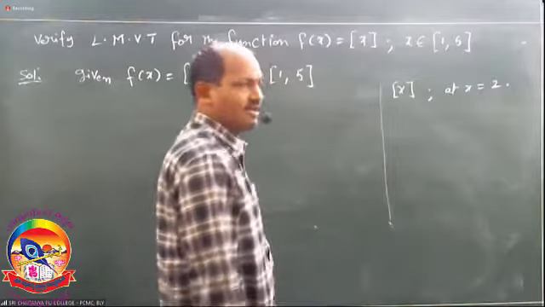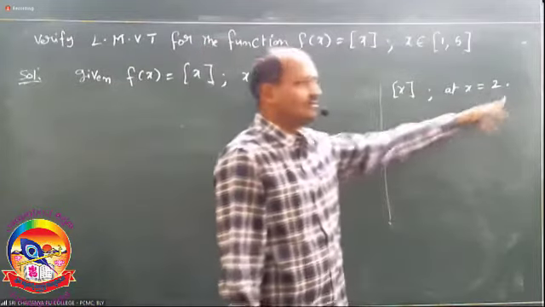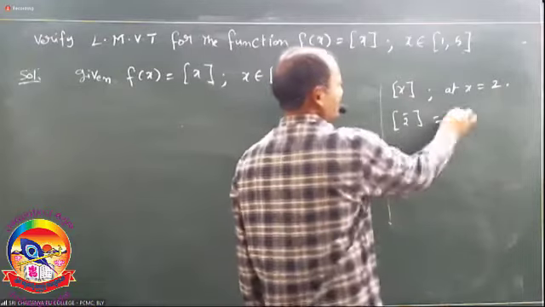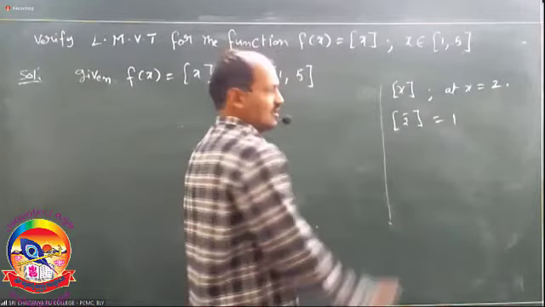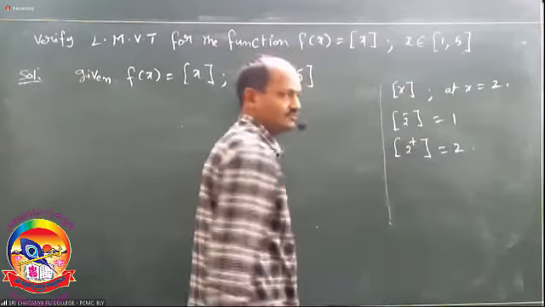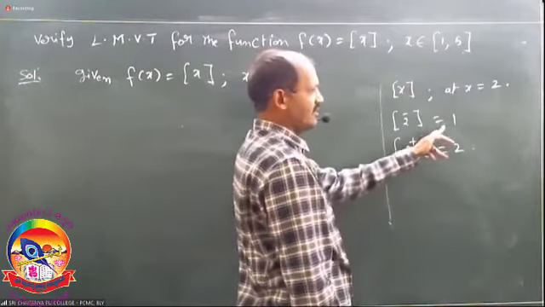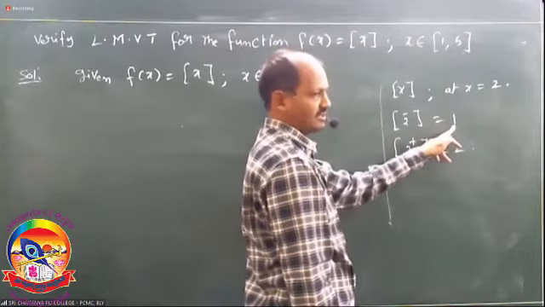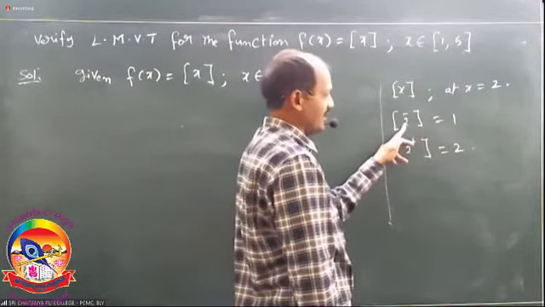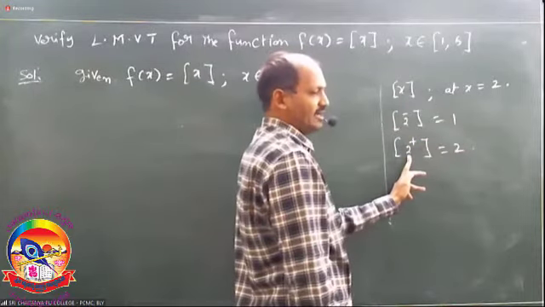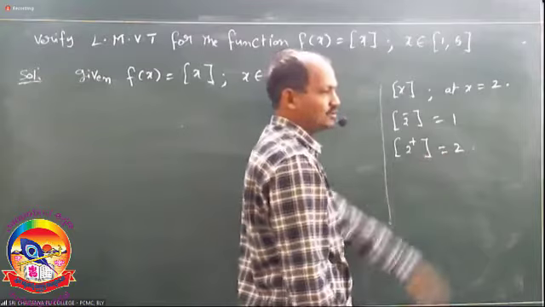What about the left limit at 2 for the greatest integer function? Left hand limit is 1. At 2 plus, it is 2. Left hand limit for this function at x equal to 2 is 1, and right hand limit is 2.